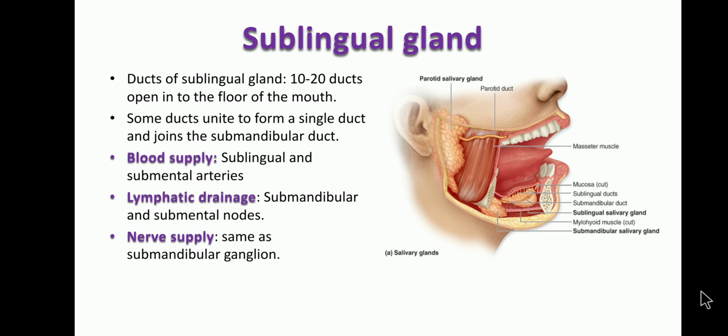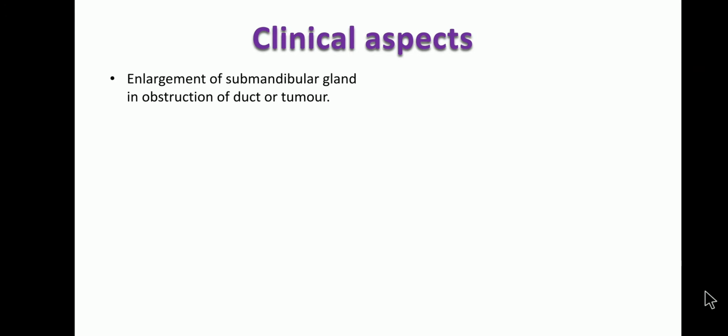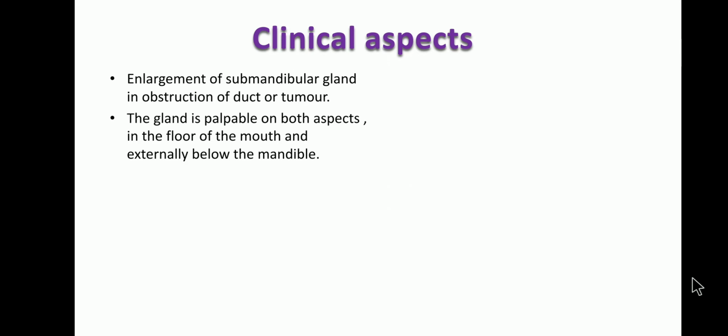Clinical aspects: mainly enlargement of the submandibular gland. It may be due to an obstruction of the duct or a tumor of the gland, and can be examined by bimanual examination. One finger is placed inside the mouth in the floor of the mouth, and the other is placed externally below the mandible. Then on both sides you will be able to feel a soft mass, which is the submandibular gland.